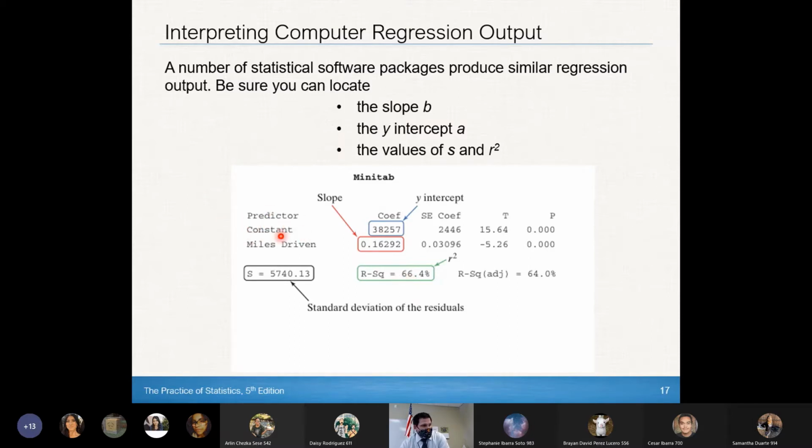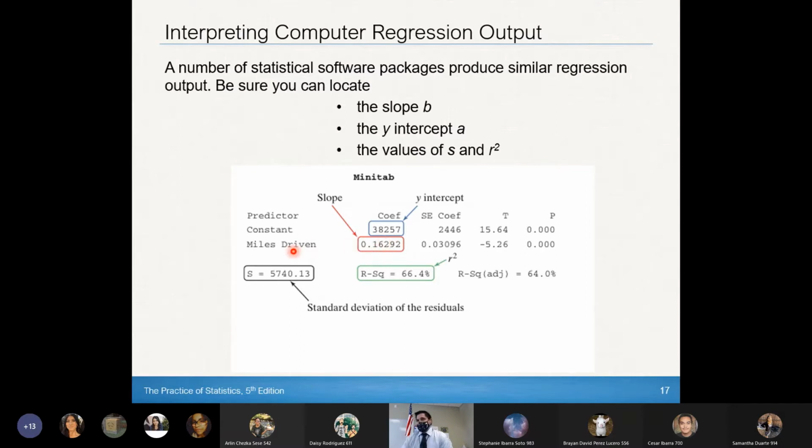The constant is the y-intercept, because in the equation of a line, the y-intercept is the constant value. In this case, that is a. Right? A plus bx. The miles driven here goes along with our slope.